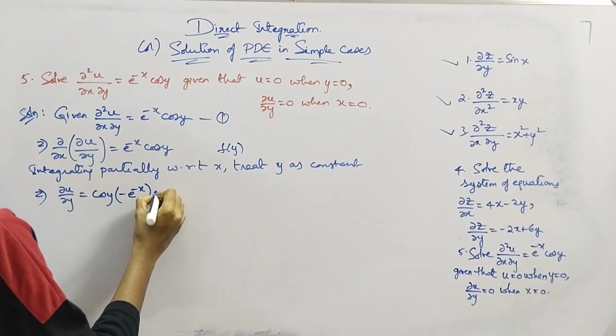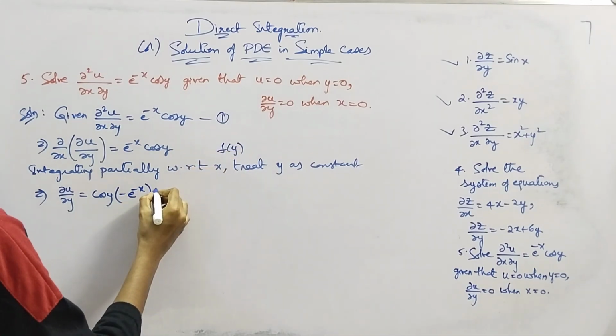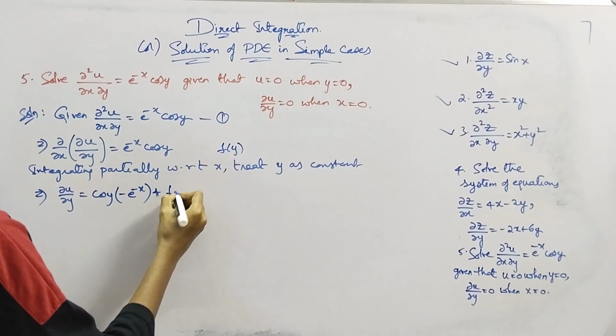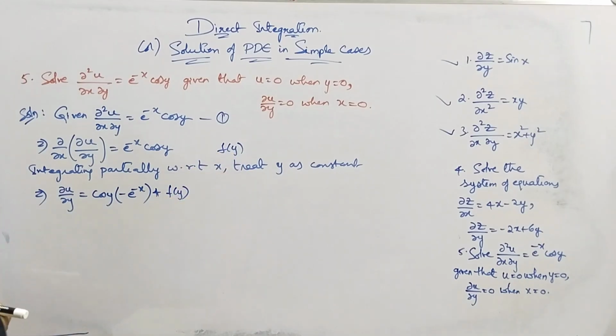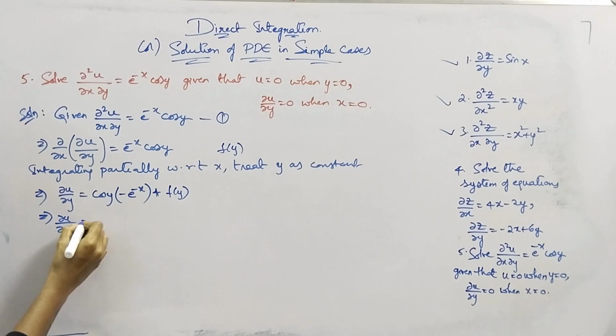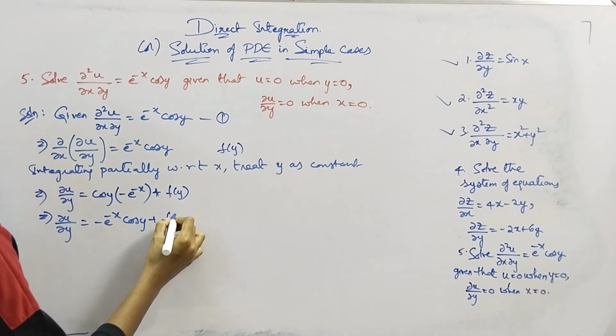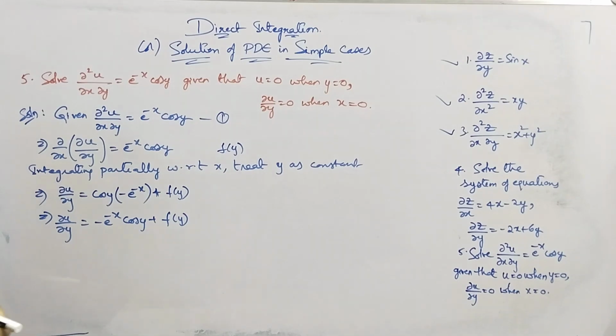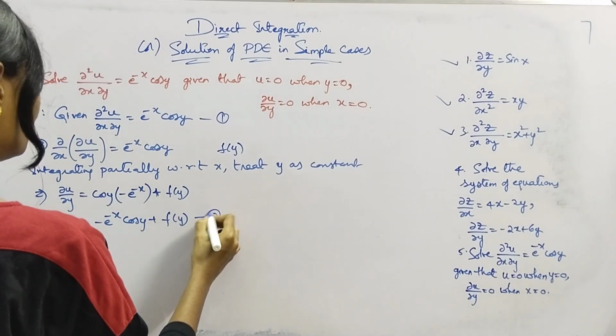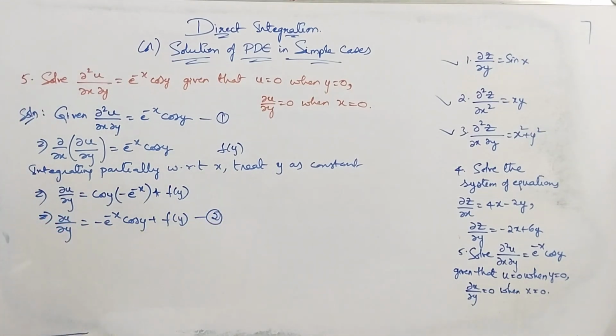Good. Plus the integral constant, we have already decided, no? We'll just write the same thing, right? Very good. Now consider this as equation number 2 for our convenience, okay?